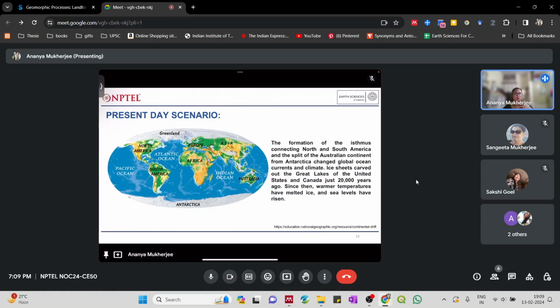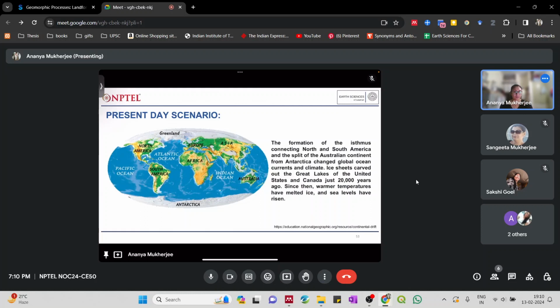And because of the polar locations of, say, Greenland and Antarctica, because they drifted away from all the other continental land masses, and their current position in the polar areas, you have ice caps over there, and that in itself governs all the different global climatic patterns that we see. Whatever position is held by the continents right now is also responsible for the climatic scenarios that we see across the globe.